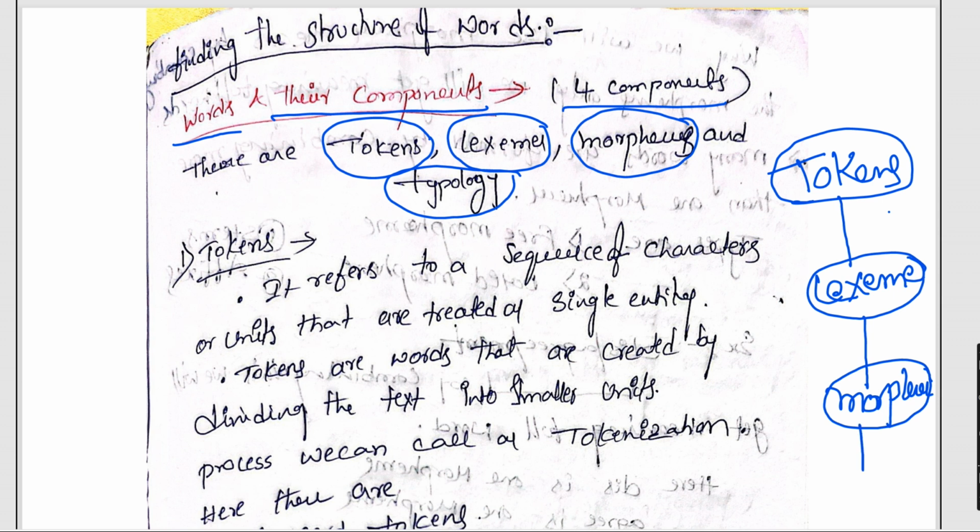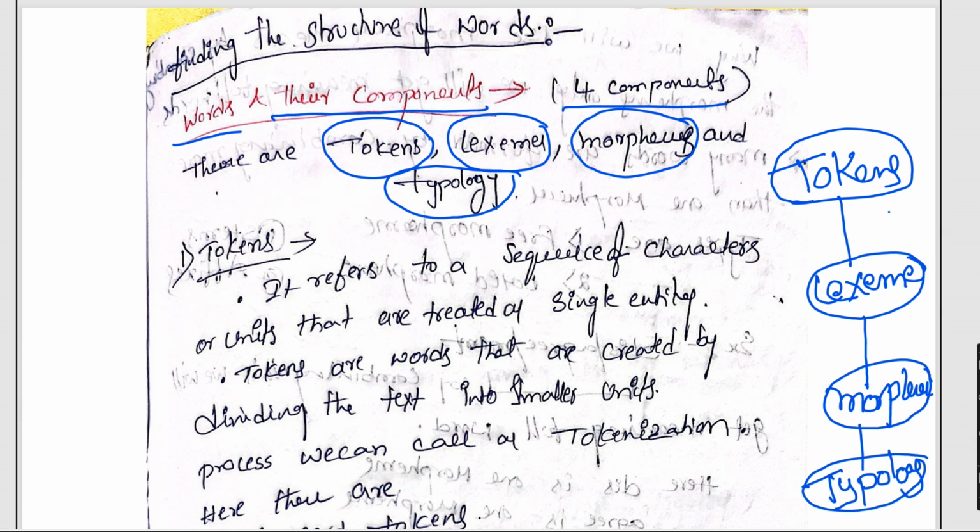After that we need to check the typology. Typology means, based on the natural language, which language the morpheme belongs to, or which language the given input sentence belongs to; that we will discuss. So these are the four components we have for words.